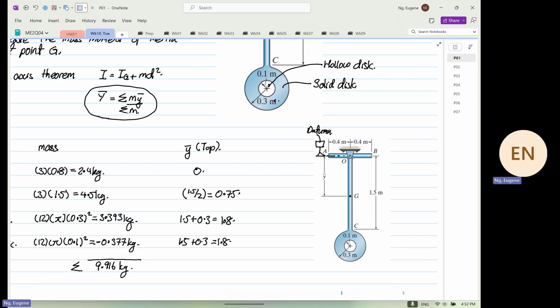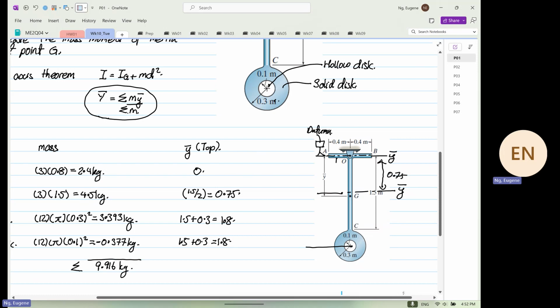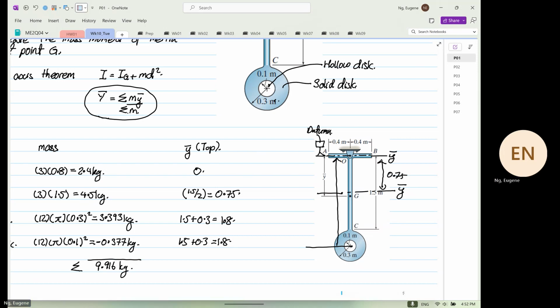Because this is the individual Y bar, small Y bar, and at the datum it is the same. Between O and C, this is our Y bar, so the distance from here to here is equal to 0.75. And the distance from here to here is equal to 1.8. Okay.